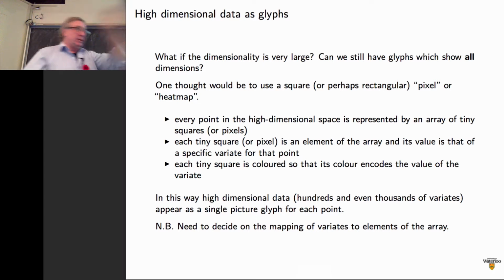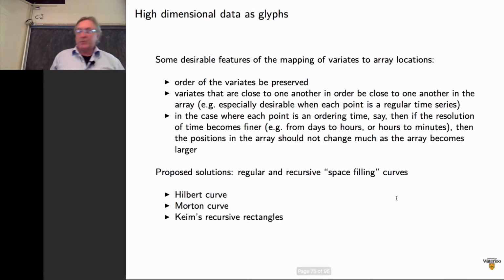So you could just populate it by row if you like, but that kind of destroys some things. So what I'd like to have is, if at all possible, some desirable things. If a coordinate is near another in the vector, I'd like it also to be near it in the array.